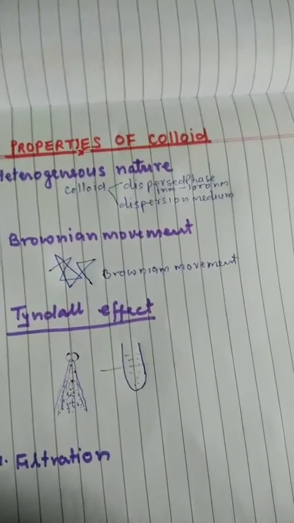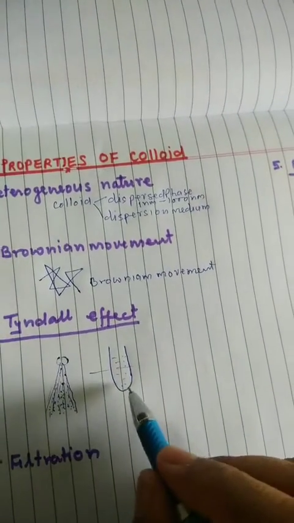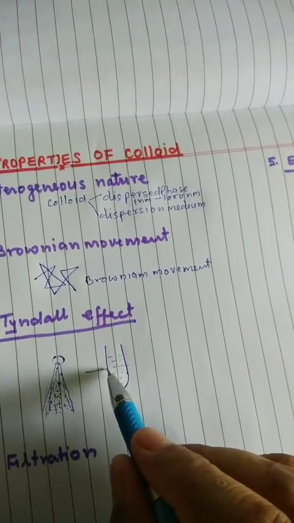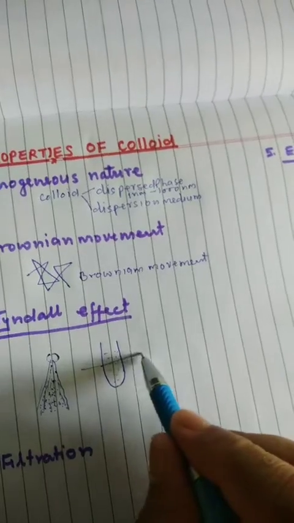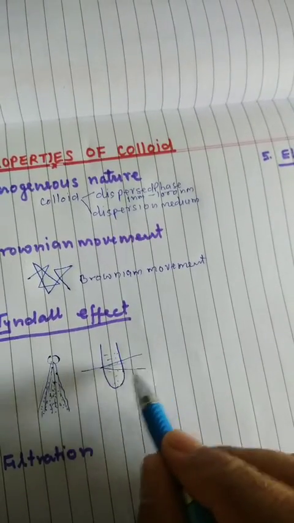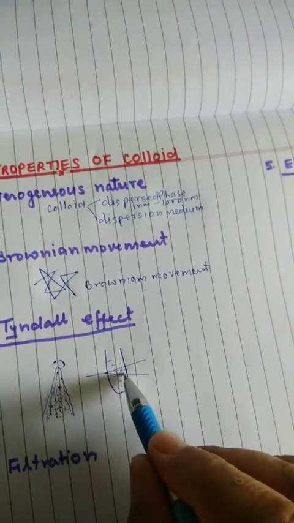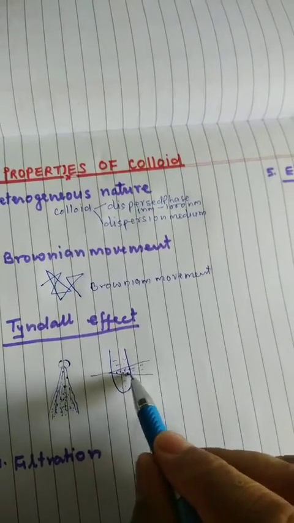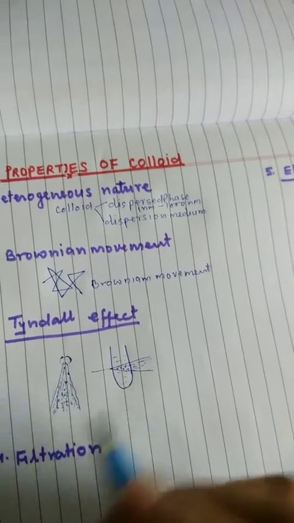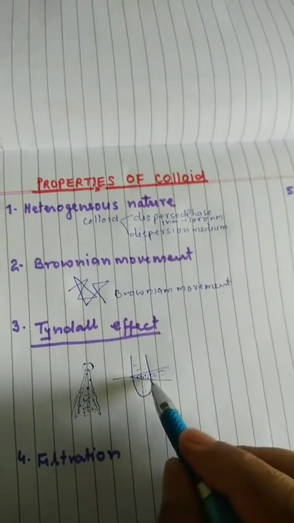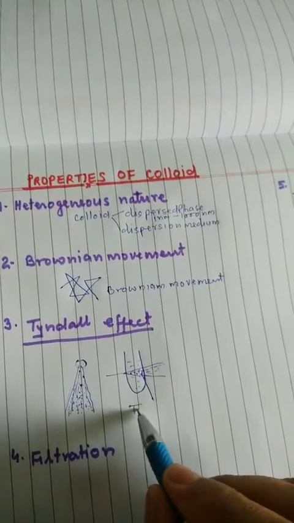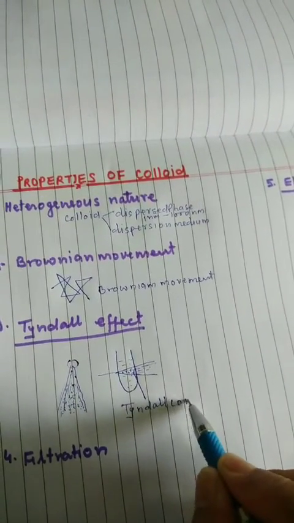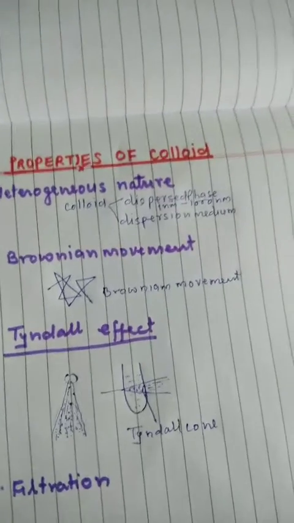But if you pass the beam of light through the colloid, then you notice that the colloidal particles are shining and one cone is formed and the beam of light is scattered. So this scattering of the beam of light by the colloidal particle is called as Tyndall effect, and the cone thus formed is called as Tyndall cone.